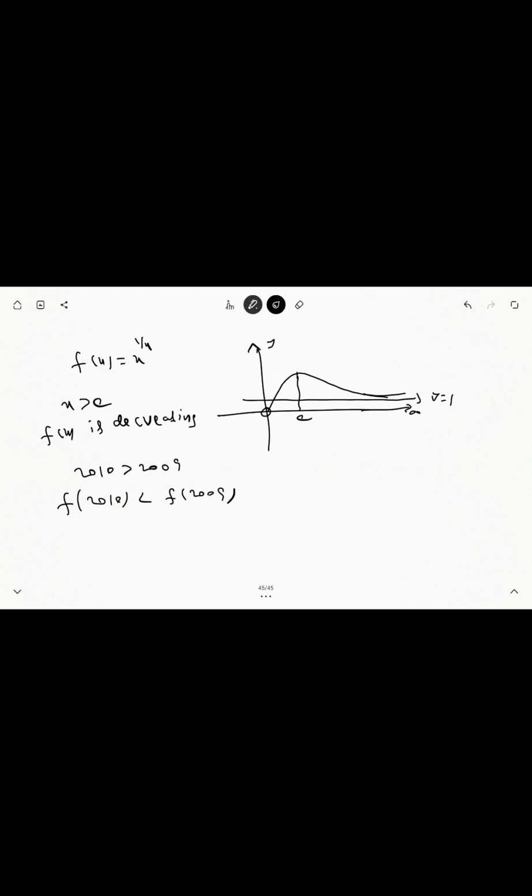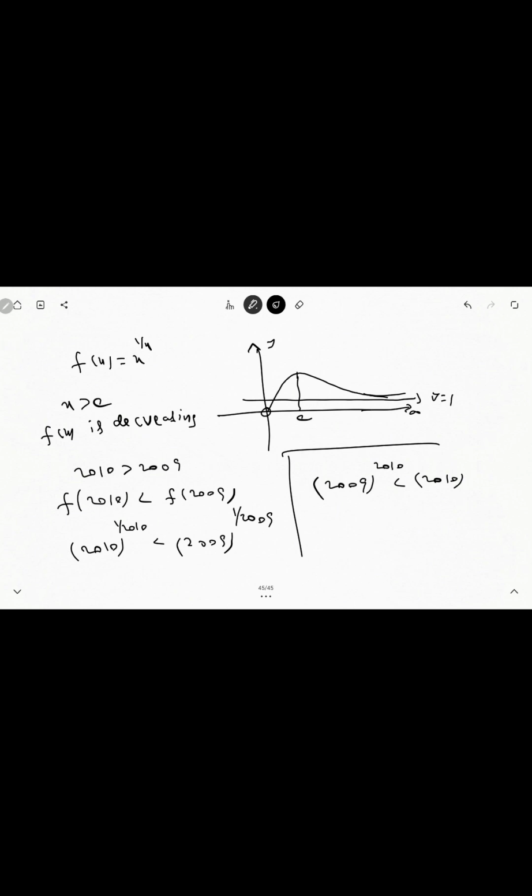F of 2010 means, look at this, 2010 power 1 by 2010 is less than 2009 power 1 by 2009. So if you transpose the powers here, we are getting 2009 power 2010 is less than 2010 power 2009, right or not?